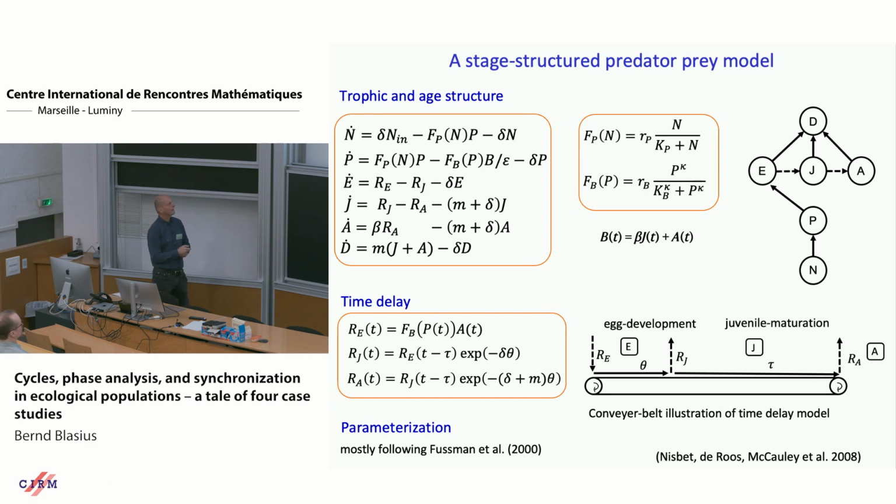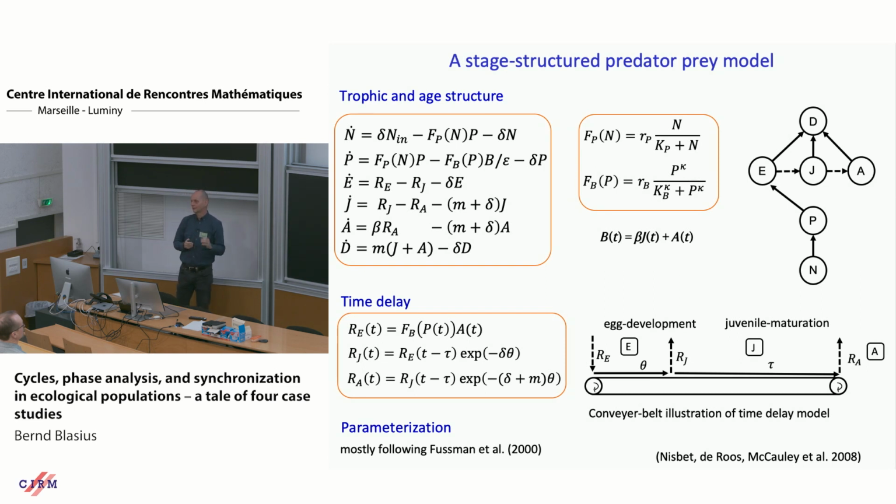And with the model, we tried to do so many things at the same time. We wanted a model which captures the processes which are happening there. We wanted that all the abundances are in the correct order of magnitude. We wanted that the amplitudes are in the order of magnitude of the data.